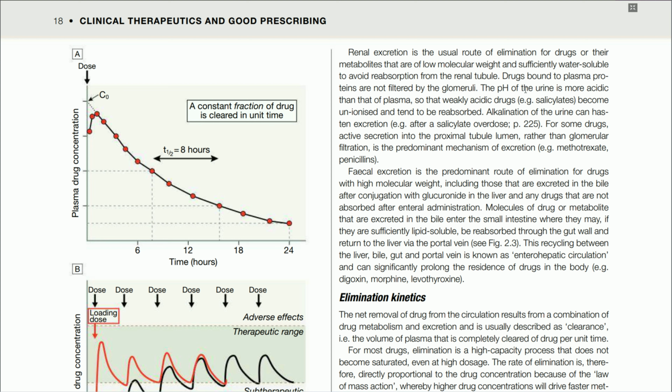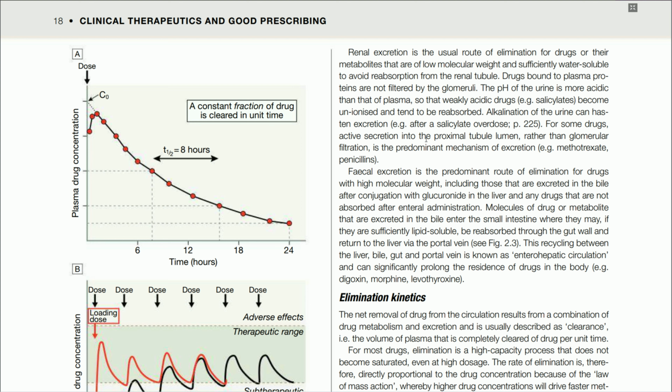The pH of the urine is more acidic than that of plasma, so that weakly acidic drugs, for example salicylates, become unionized and tend to be reabsorbed. Alkalinization of the urine can hasten excretion. Example, after a salicylate overdose, page 225.